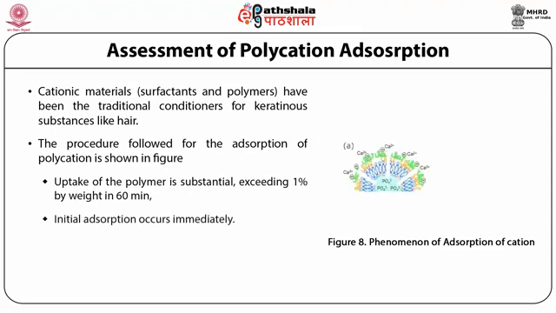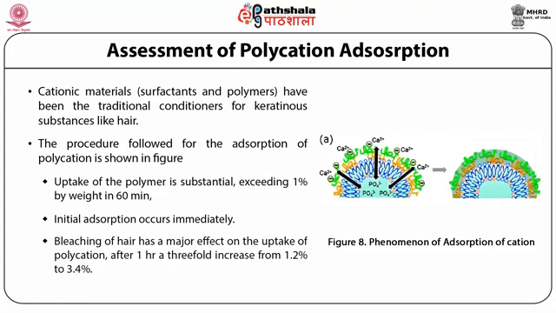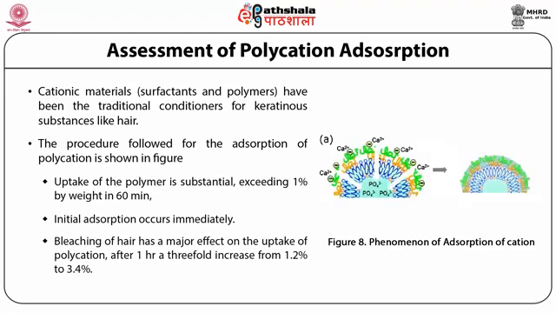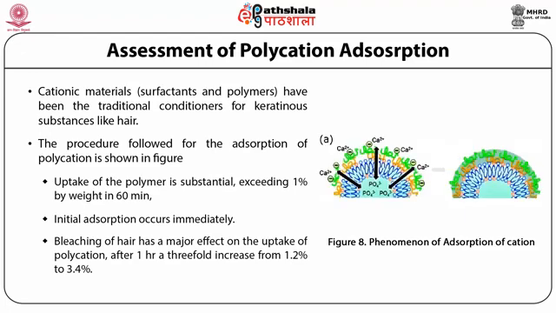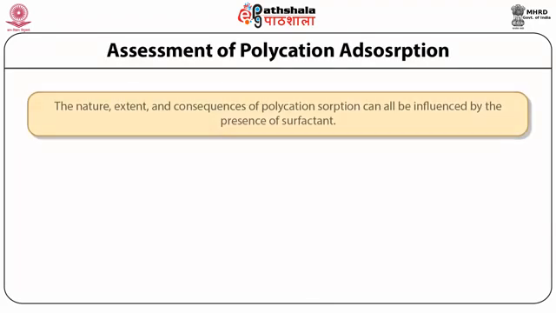Initial adsorption occurs immediately, and bleaching of hair has a major effect on the uptake of polycation. After 1 hour, a threefold increase from 1.2 to 3.4% has been noted. As a function of pH, absorption was highest at pH 7. The nature, extent, and consequence of polycation absorption can all be influenced by the presence of surfactant.